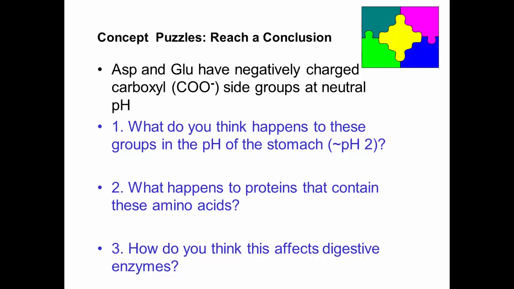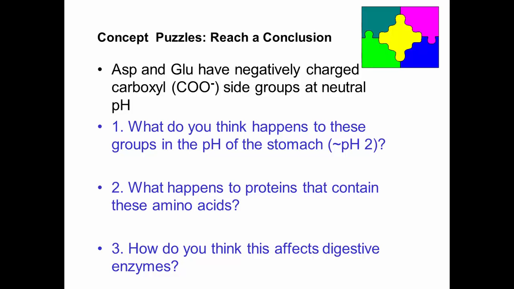Aspartate and glutamate now have no net charge, because the alpha amino stays positive and the alpha carboxyl is negative, but they lose the gamma carboxyl charge, and that destabilizes the proteins.